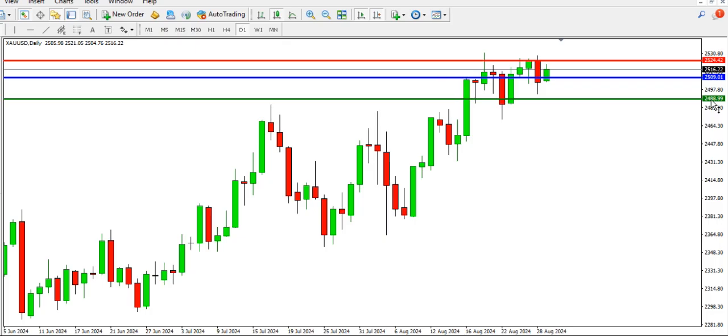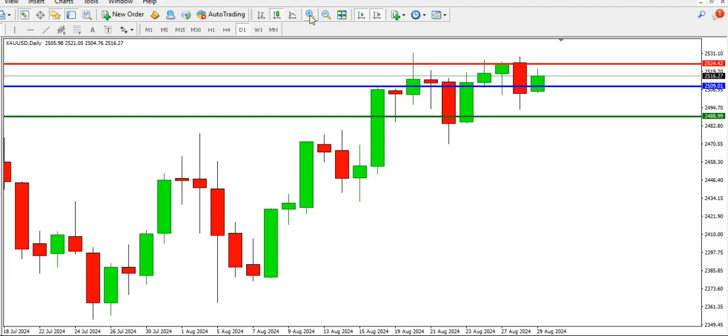For today, gold on the daily time frame opened below the pivot line. You can see gold has crossed above the pivot line and almost tested the first resistance, 2524.42. Mind you, we have the first support at 2488.99.